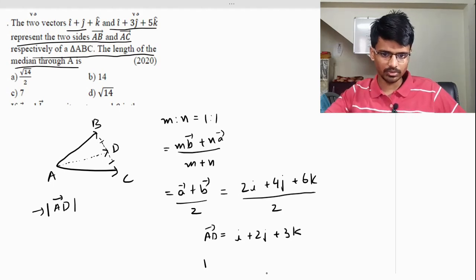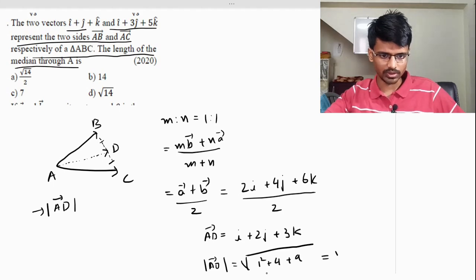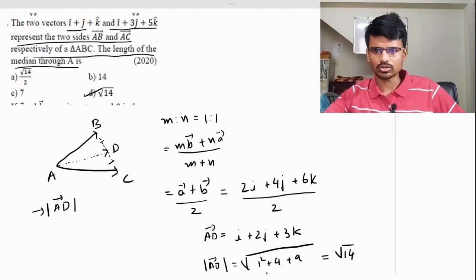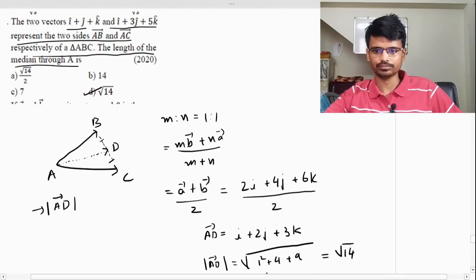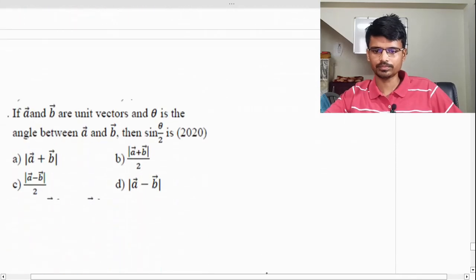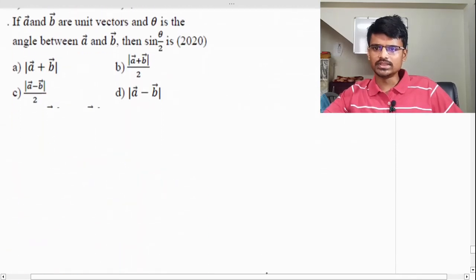So magnitude is nothing but the square root of the sum of the squares of the components. 1 square plus 4 plus 9, 10, 14, root 14. So the correct answer is option D. Okay, so this was a good question. Yeah, this is an interesting question.